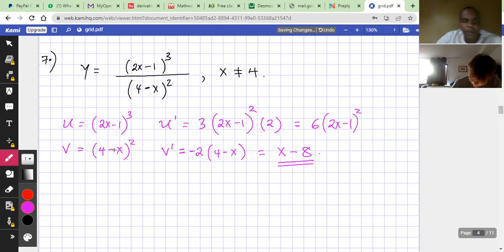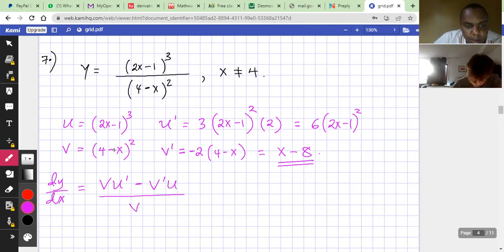And we know that dy/dx is going to be given by (v u prime minus v prime u) divided by v squared, right? Mm-hmm. So v is 4 minus x squared, multiplied by u prime. U prime is 6 times (2x minus 1) squared.